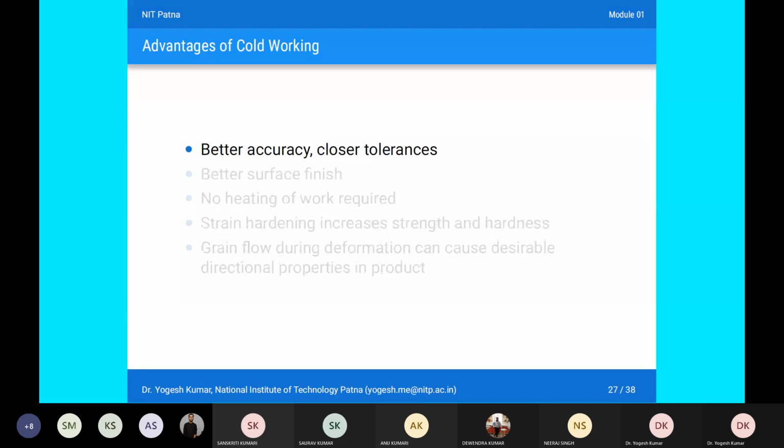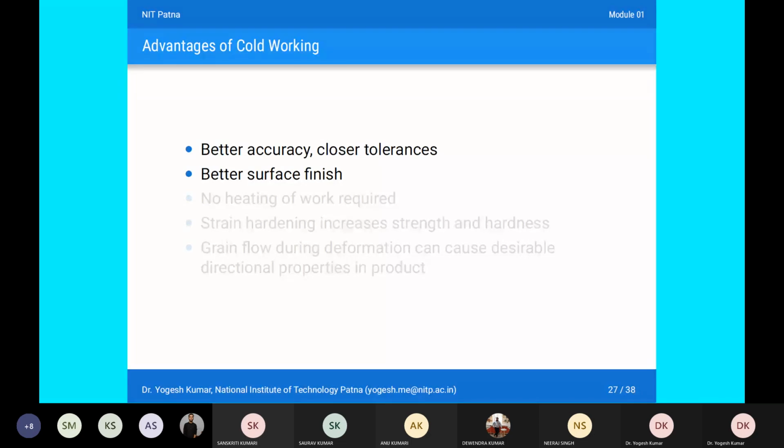Also, another advantage, because of this in the cold working region, is that we obtain better surface finish. Okay, so since there is no heating, there is no surface irregularity due to rise of temperature or the reaction with your forming environment.